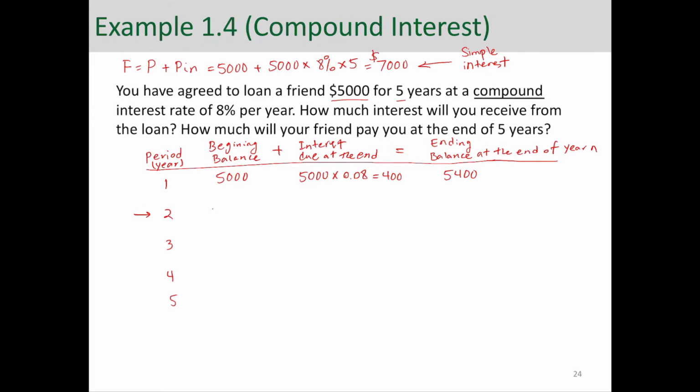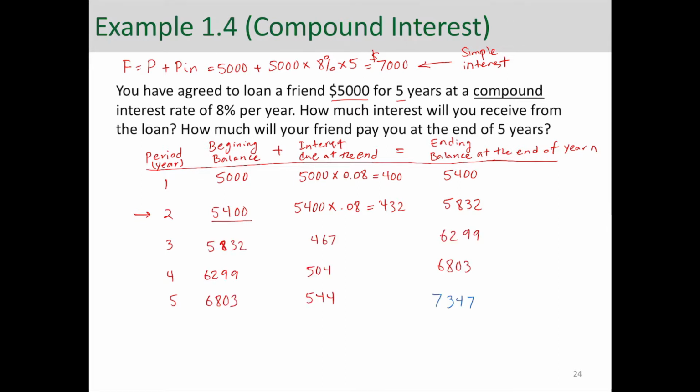So we're going to have 5,400 as the beginning balance of year 2. And then in year 2, the interest will be applied on this balance. So 5,400 times 8%, that is now $432. That makes the ending balance 5,832. I'm going to keep repeating this process until the end of 5th year.